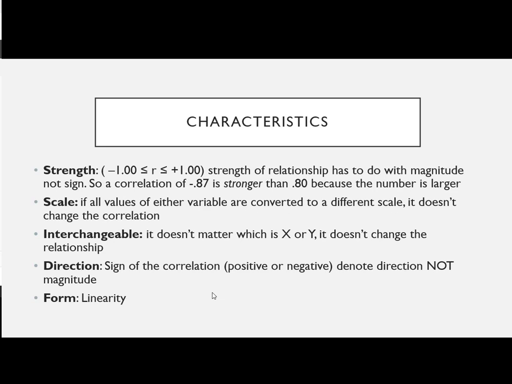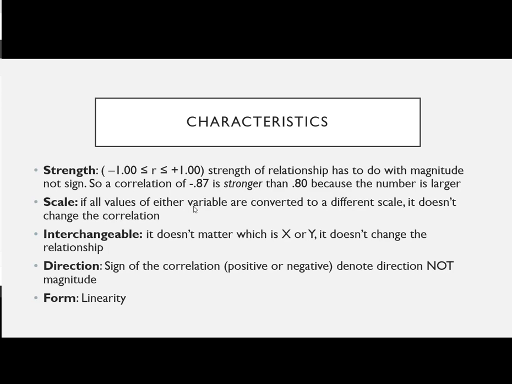Some characteristics of correlation. The strength of the relationship has to do with the magnitude, not sign. So a correlation of negative 0.87 is stronger than 0.80 because the number is larger. You don't need to worry about the sign. It spans from -1 to +1 inclusive, meaning it can be 1, but it can't be 1.1.